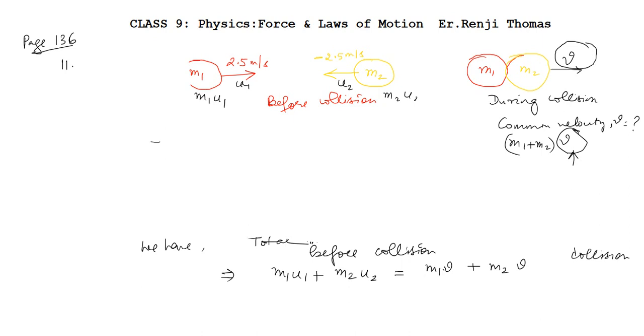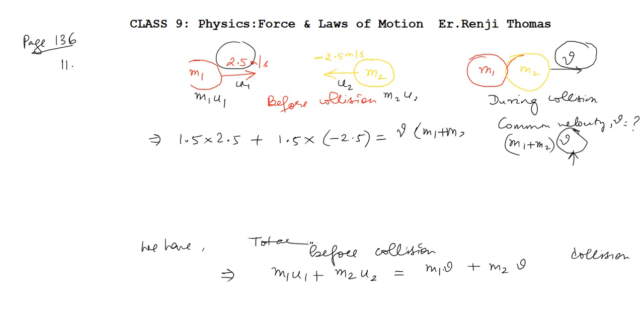Okay, so I'll just put the values. m1 is 1.5 into u1 is 2.5, plus m2 is again 1.5, and u2 is minus 2.5, is equal to, I can take v common, m1 plus m2.